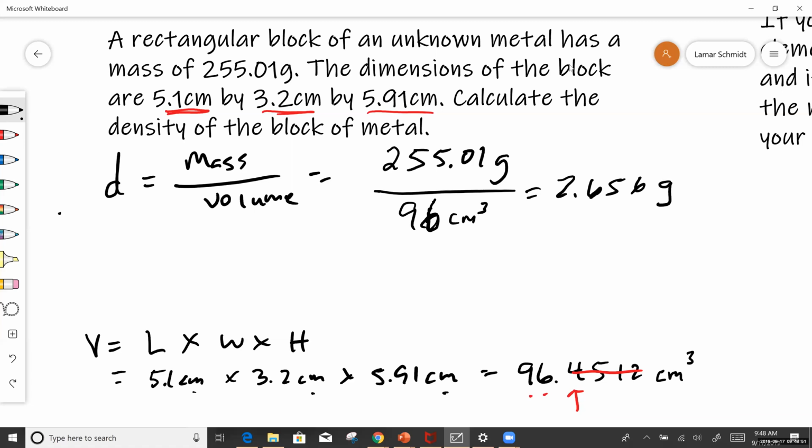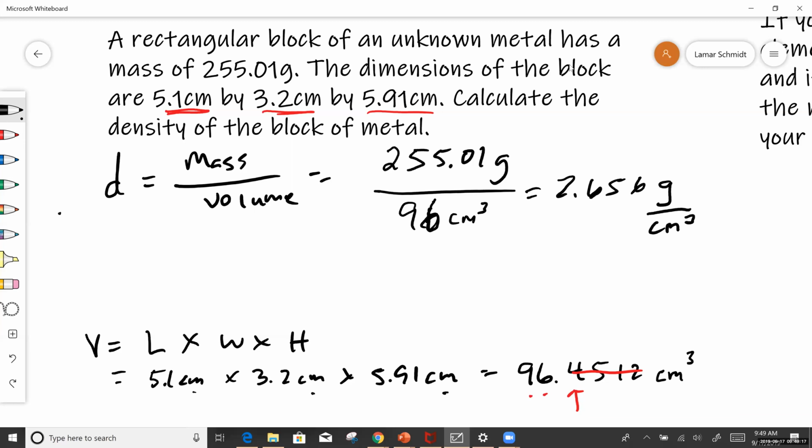Grams per cubic centimeters. Yes. All right, the C stands for centimeter, and there's 3 of those multiplied. So that's why it's cubic centimeter. 2.656 grams per cubic centimeter. Now, how many sig figs can I have? 2. 96 has 2 sig figs. It's the fewest in the problem.